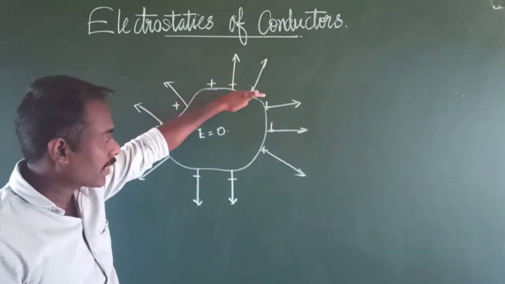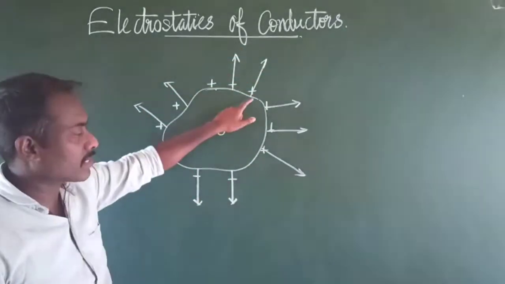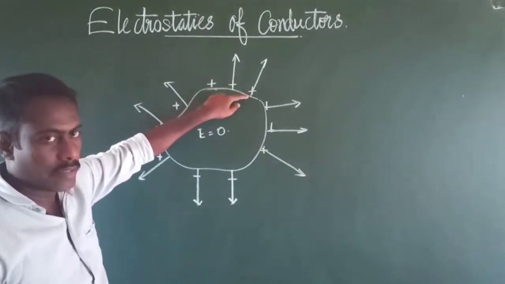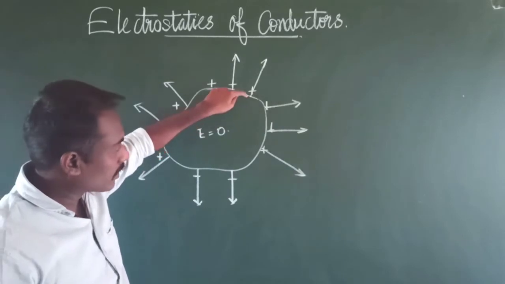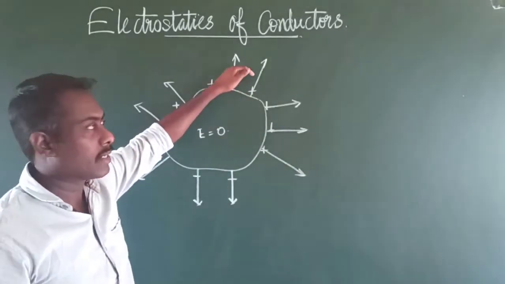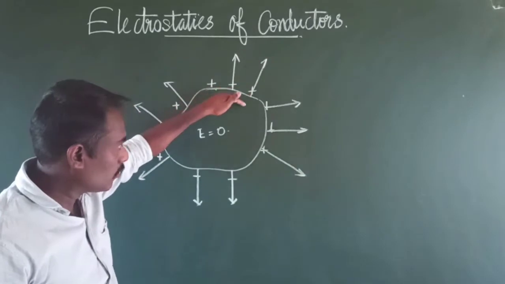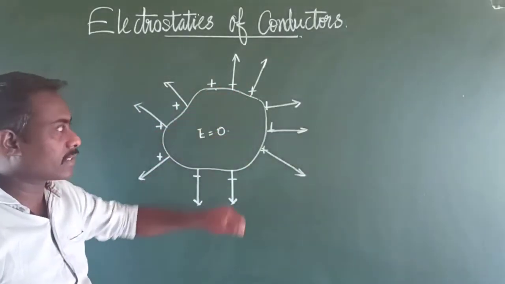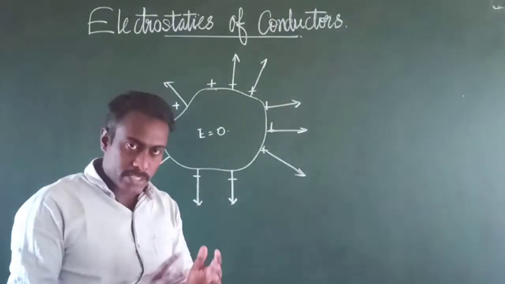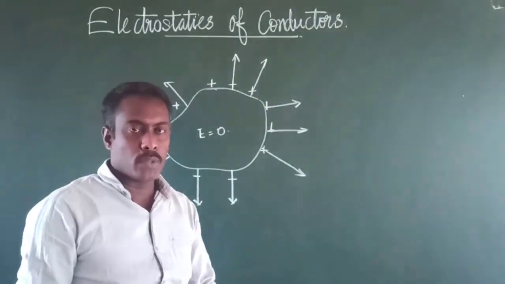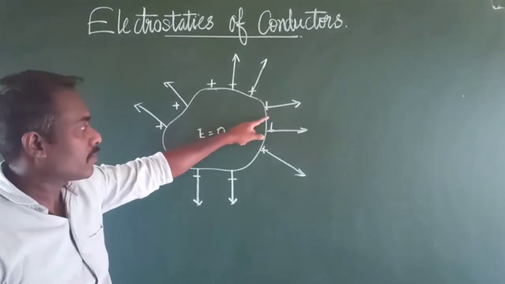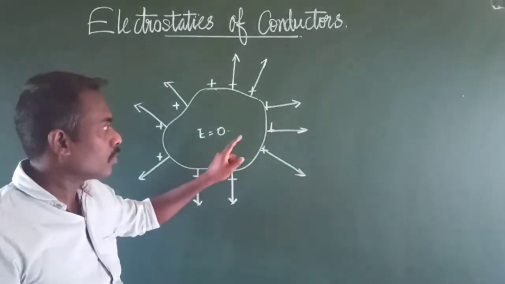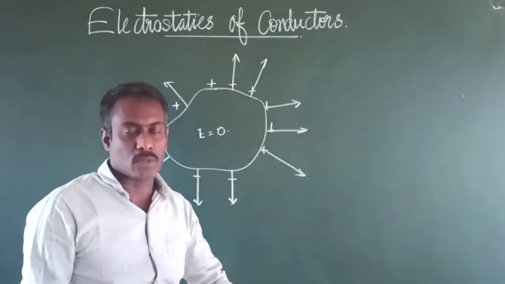If it is charged with negative charges, the field is perpendicular to the surface but directed inwardly. So the fields produced by positive and negative charges are in opposite directions, but both are perpendicular to the surface.